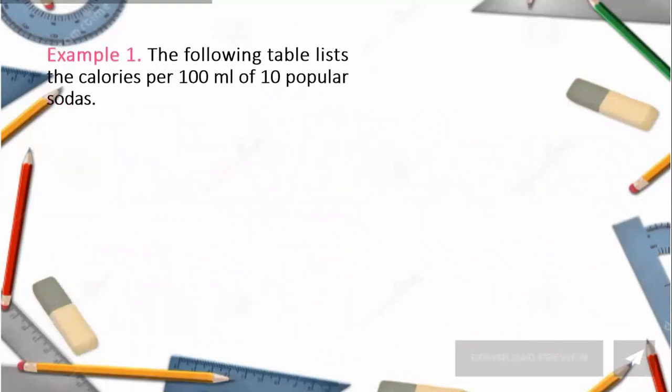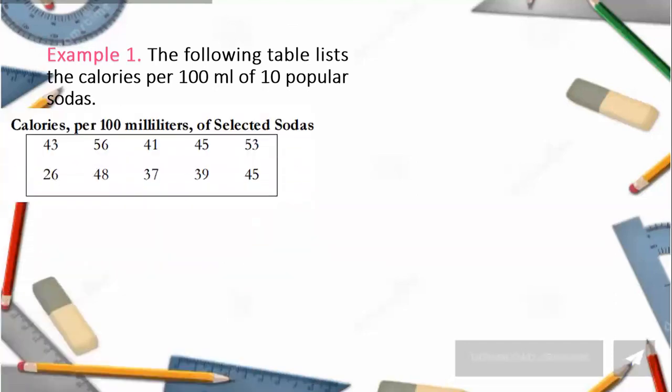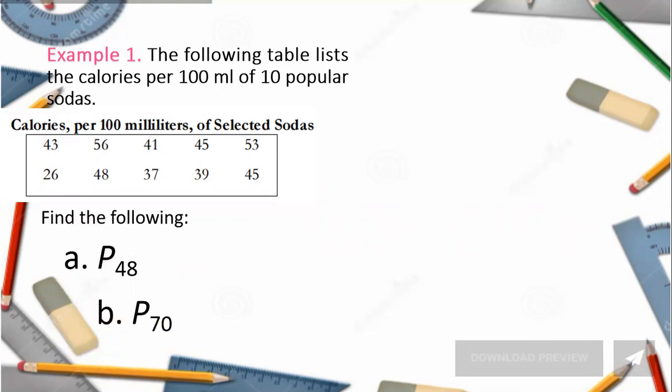To apply the given steps, let's consider examples. For the first example, the following table lists the calories per 100 ml of 10 popular sodas. So we are given the calories of selected sodas. Find, first, the 48th percentile, and second, the 70th percentile.